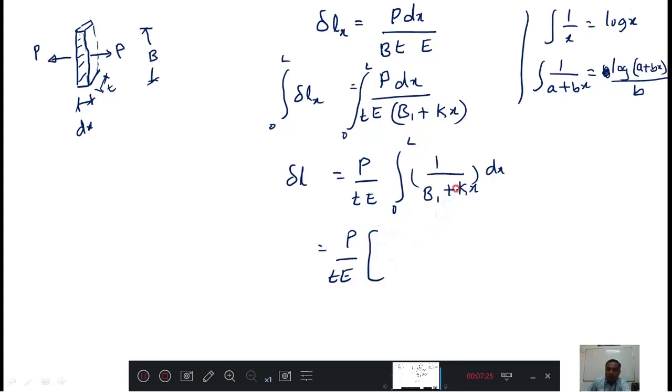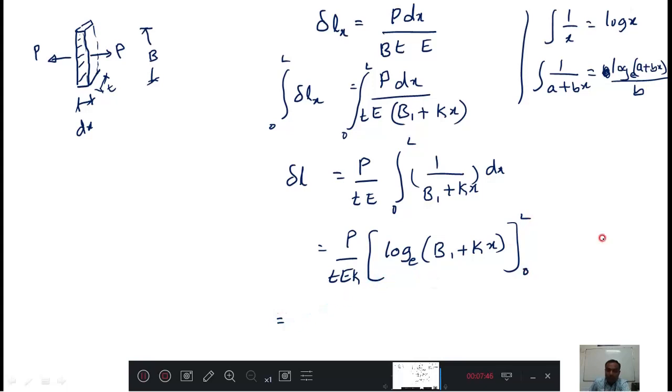Then if this one is integrated, this becomes log, log base e, into B1 plus Kx into 1 by K. This is from 0 to L.